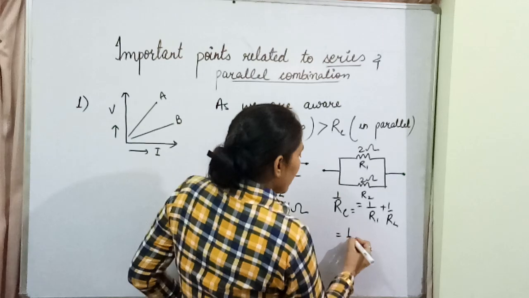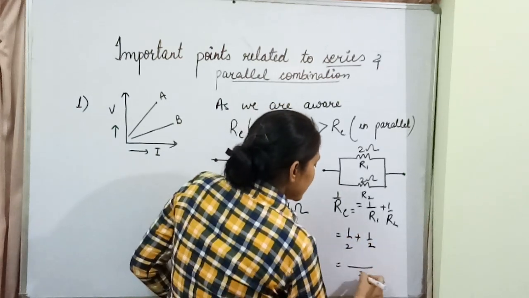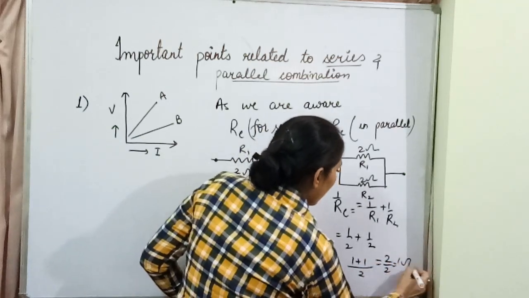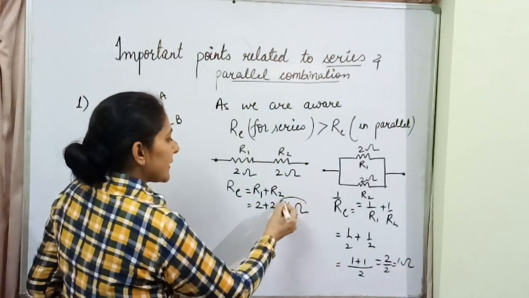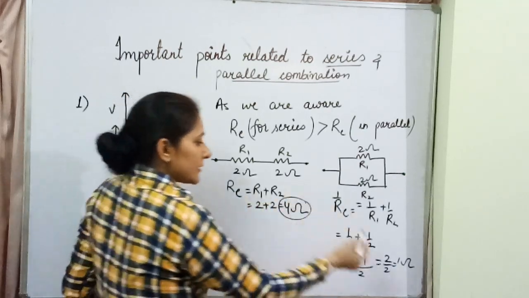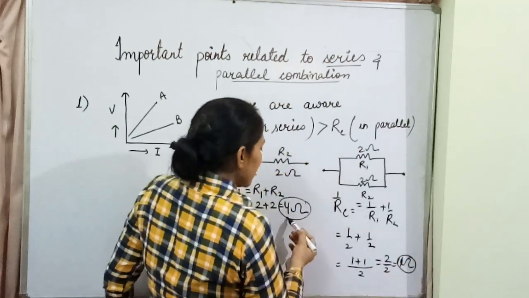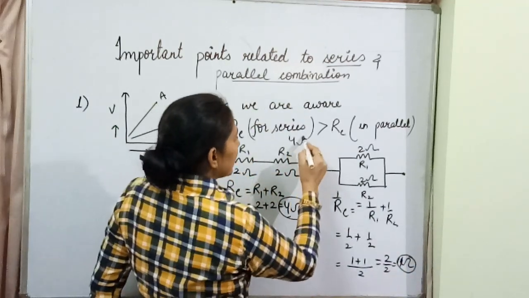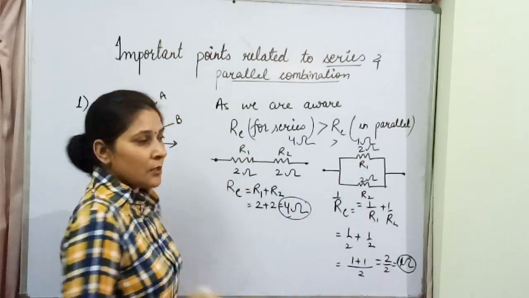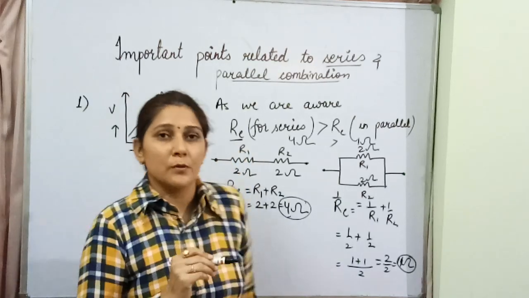That gives you 1 upon 2 plus 1 upon 2. Taking LCM, 1 plus 1, that will be 2 upon 2, which is 1 ohm. From here you can check: when they are connected in series, the equivalent resistance is 4 ohm. When they are connected in parallel, the equivalent resistance is 1 ohm. So definitely 4 ohm is greater than 1 ohm.